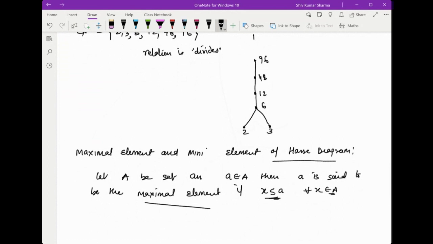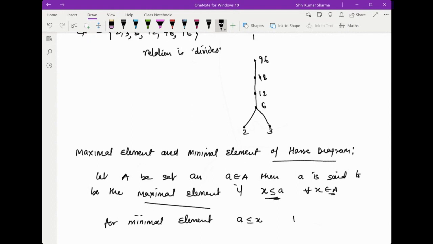Similarly, in the case of the minimal element, we write directly that a is less than x. So a is the smallest element, and x are the other elements; the smallest compared to them is called a. So that is the minimal element.